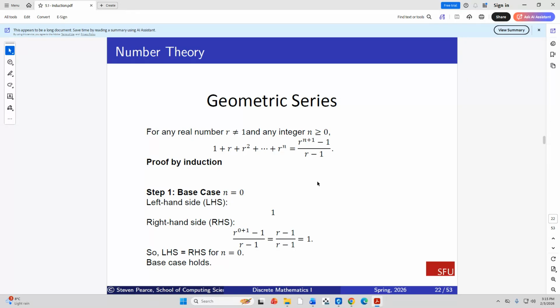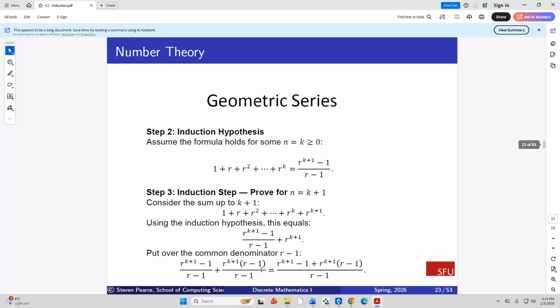So the base case, obviously, it's 1 over here. And this thing is r to the 0 plus 1 minus 1 over r minus 1, which is r minus 1 over r minus 1, so you get 1 here. So it's true, the base case holds.